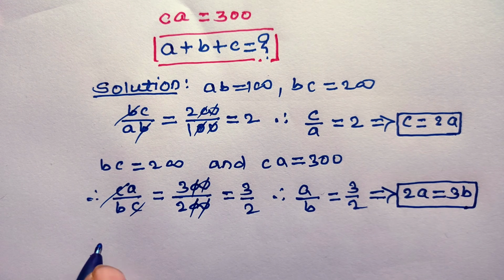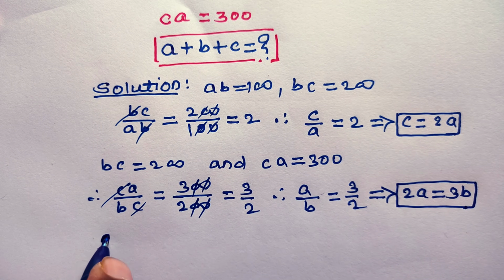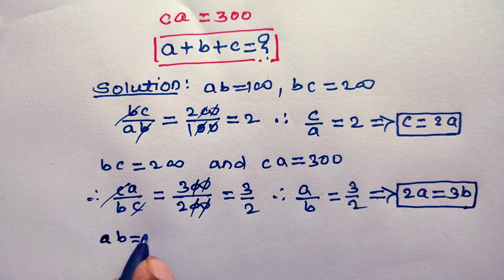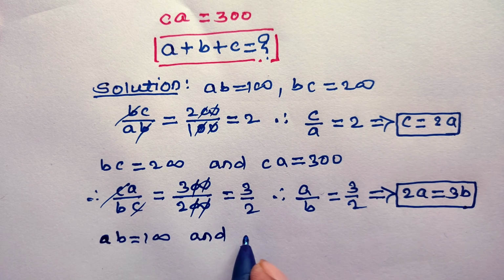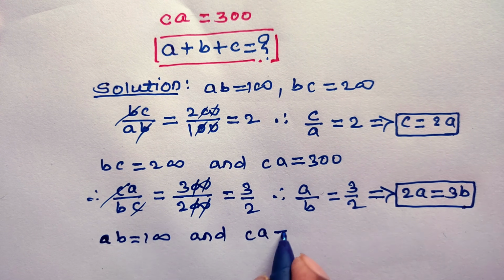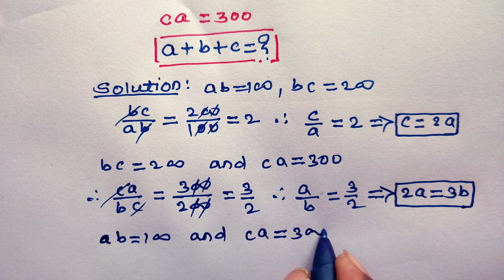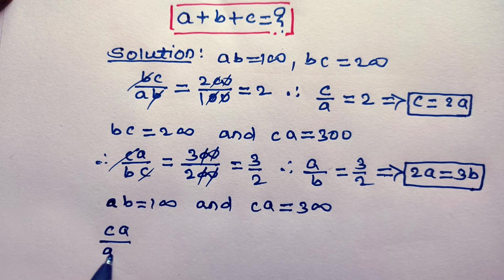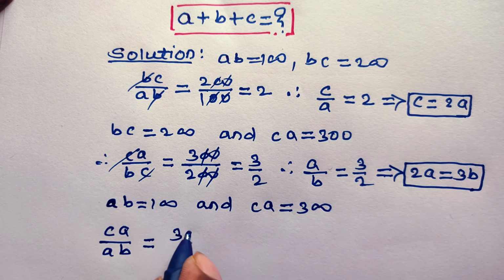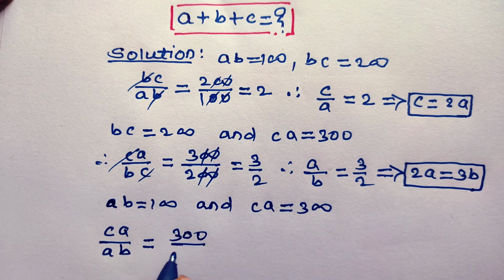Again, using two values, AB is equal to 100 and CA is equal to 300, CA upon AB is equal to 300 upon 100.